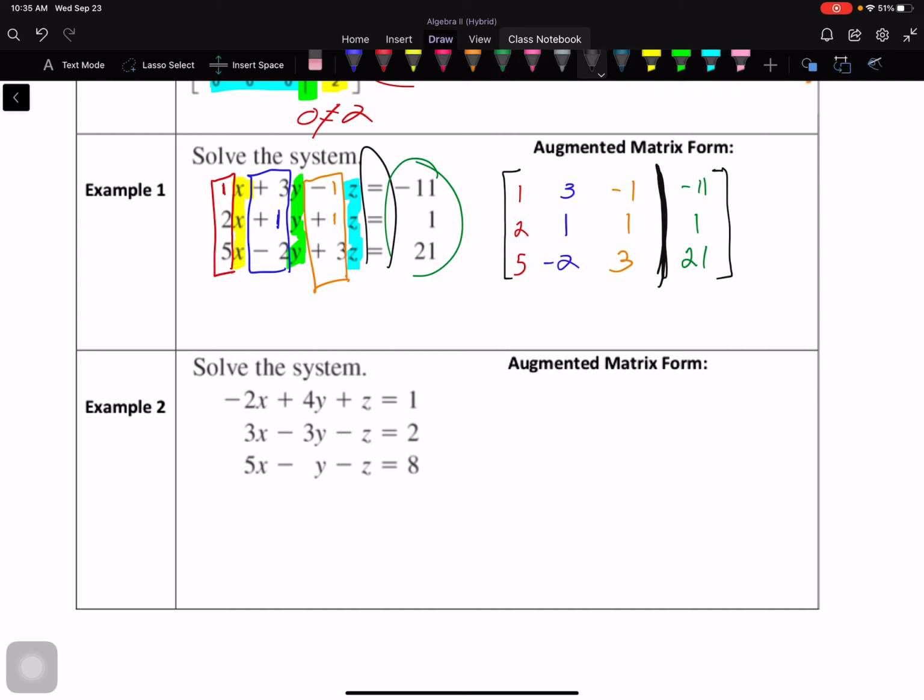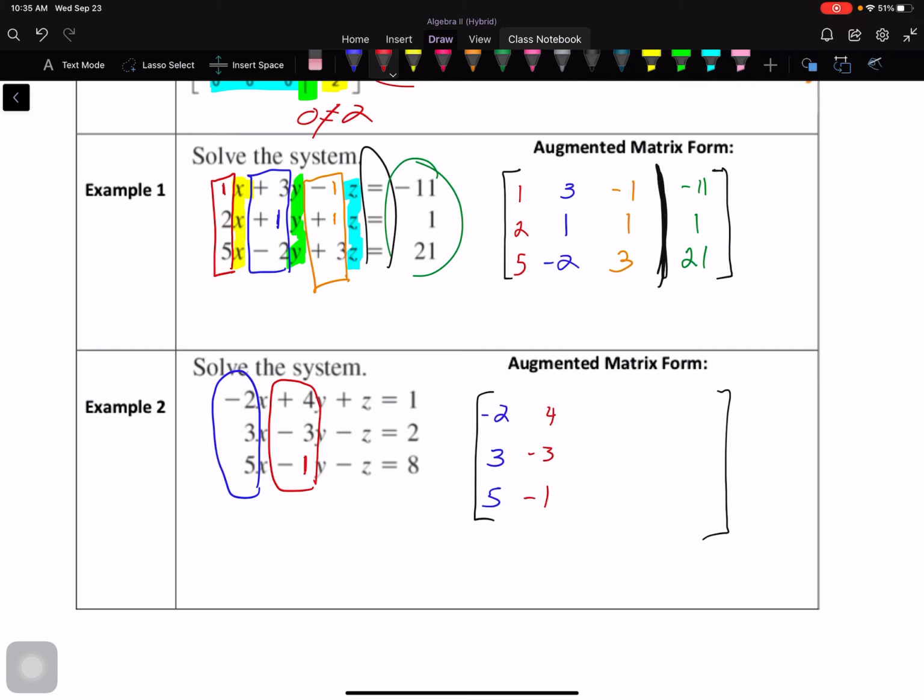So just another example, solve the system. I'll set up my augmented matrix. Starting with the x coefficients right here, we have negative 2, 3, 5. Then we have the y coefficients. So we have 4, negative 3, negative 1.